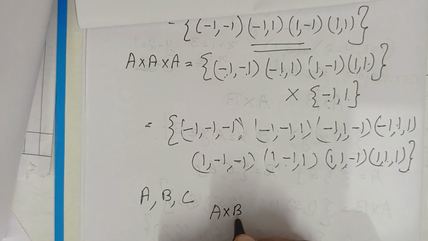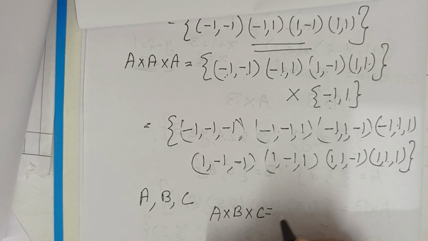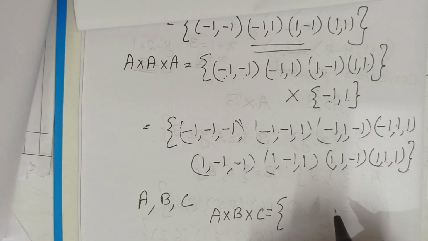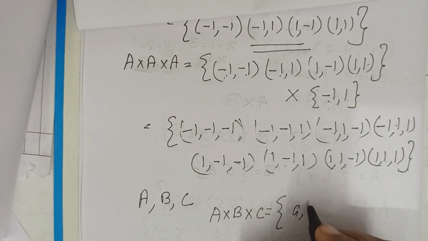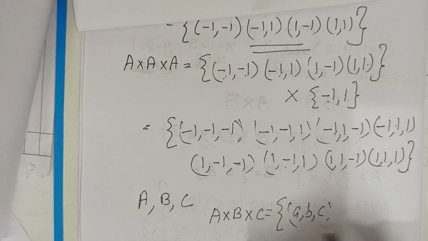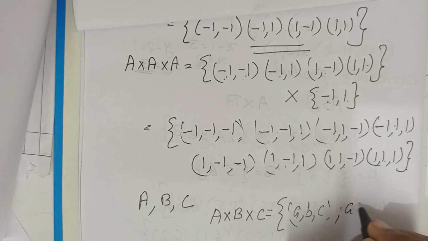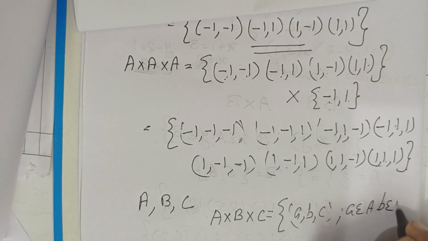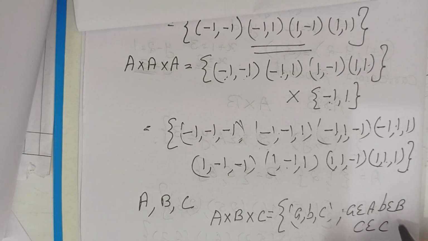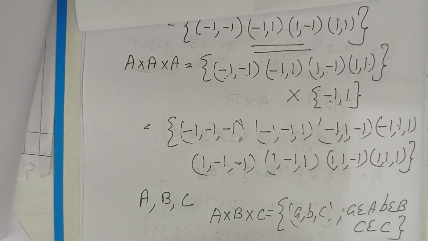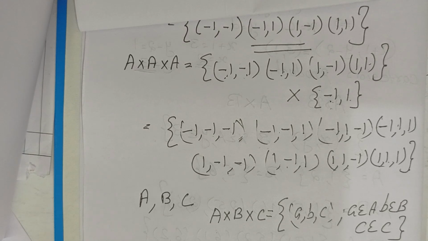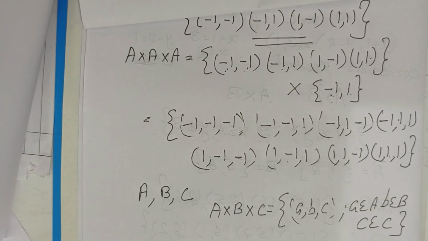A cross B cross C is equal to the set of all triplets, not ordered pairs, triplets (a, b, c), where a in A, b in B, c in C. Okay, this is actually the formula. Here (a, b, c) is called an ordered triplet.